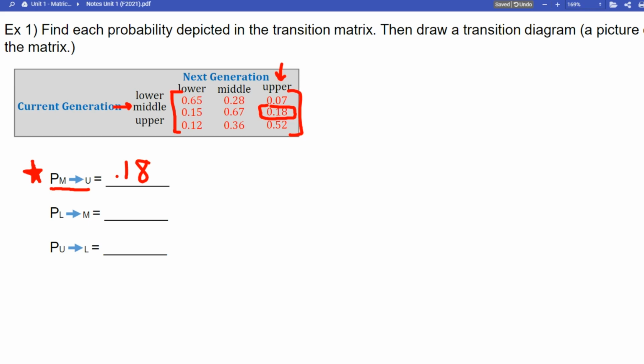So then the next one says the probability of going from lower to middle. From lower to middle is this entry right here, 0.28. So what do you think the probability of upper to lower is? 0.12. All right, simple as that. From upper to lower, that's what we're looking at.